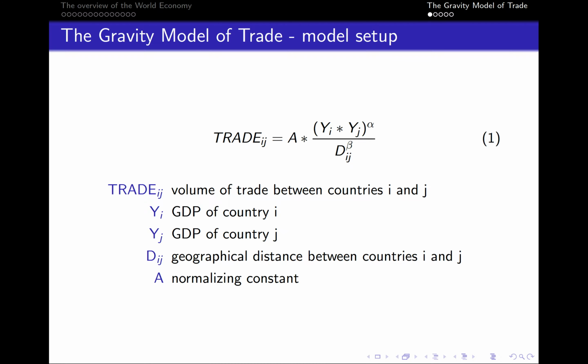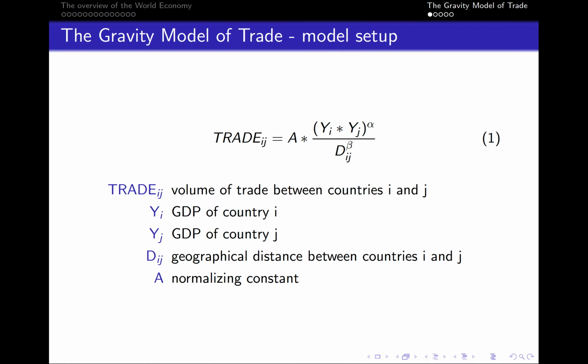Look, the basics of the gravity model of trade take, of course, their roots in the Newtonian law of gravity, and the model is said to be rather empirical because it does not put a lot of emphasis on economic explanation, but just describes the general pattern of how countries trade with each other.